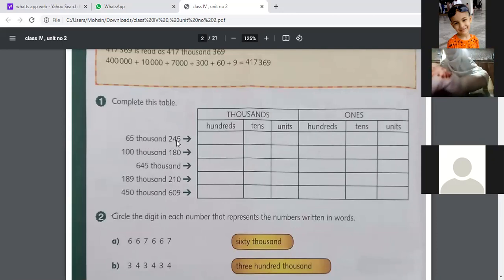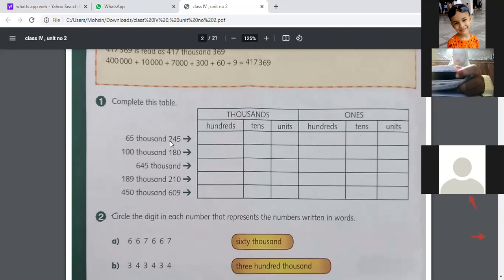We are going to start reading from the right side. The 5 is units, so we are going to write 5 here under units. And the next one is tens, that is 4. So we are going to write 4 under tens.